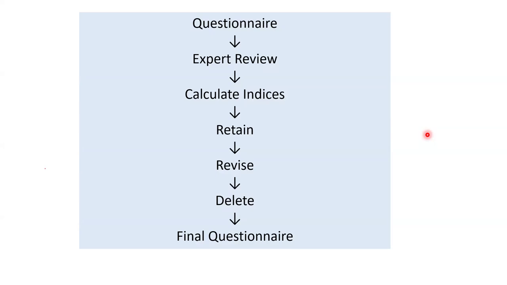You also have some online tools which give you the results for these indices, some of them even with the 95% confidence intervals, which helps you to interpret them more confidently. And then based upon the results which you get, you have to decide whether you want to retain the question as it is, whether you want to modify it, or whether you want to drop it from your questionnaire.